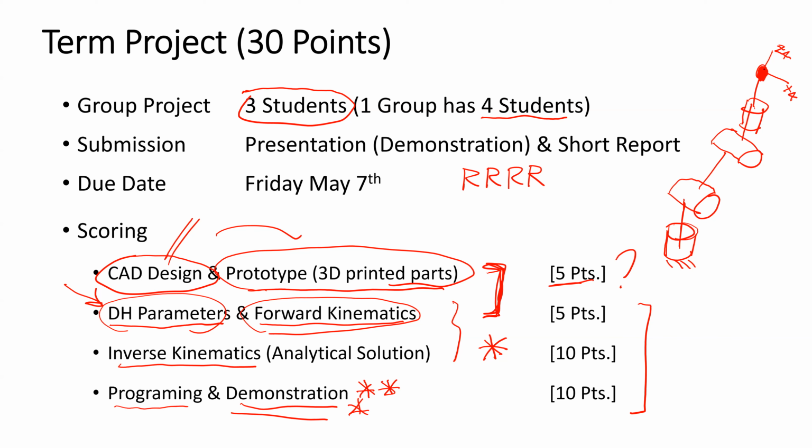For example, you need to be able to draw the end effector as a line on 3D space from point A to B. Or you may want to show that your robot can draw a circle, can move the end effector as a circle on 3D space.